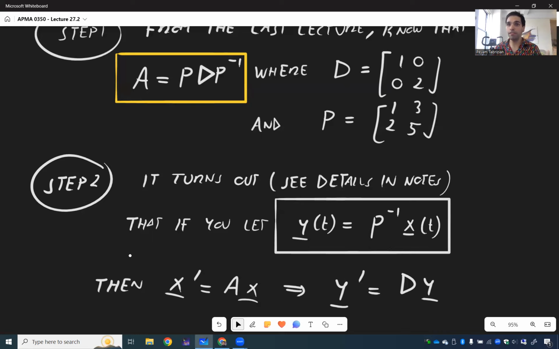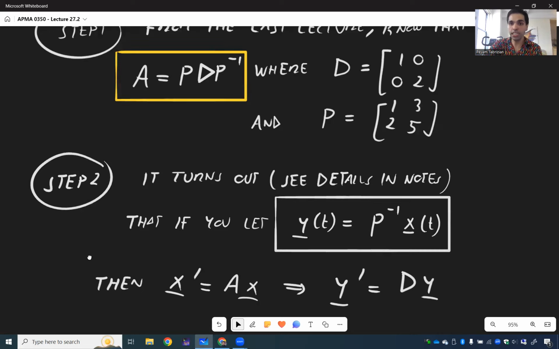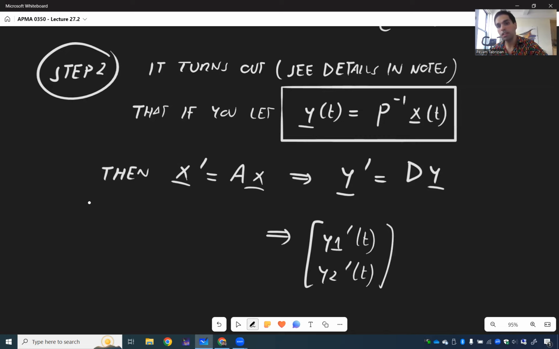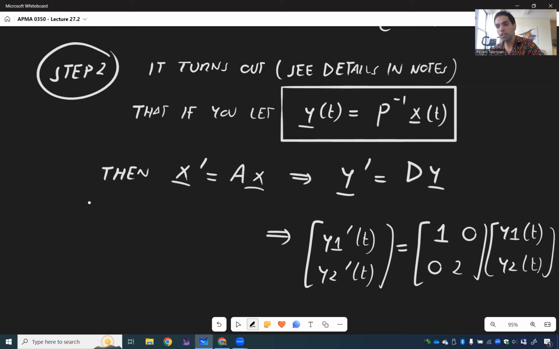Again, here I skip everything. You can see the details in the notes. But if you change coordinates like that, then your original differential equation becomes much easier, because if you write this in terms of coordinates, you get y1 prime of t and y2 prime of t equals [1, 0; 0, 2] times y1 of t, y2 of t.